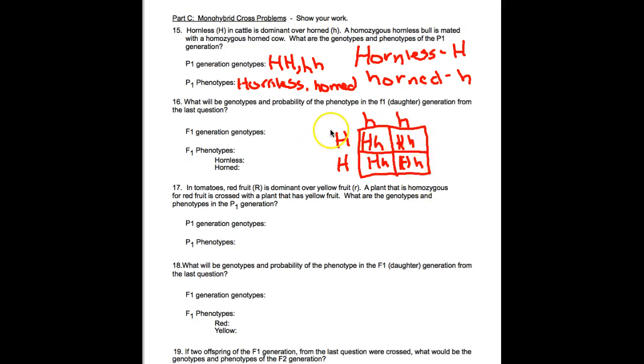So the F1 generation genotypes would be only big H, little h.